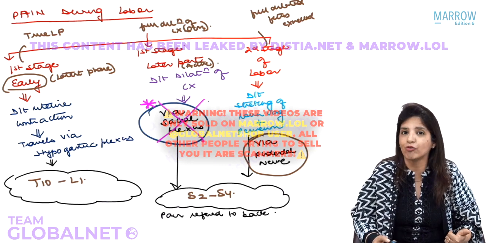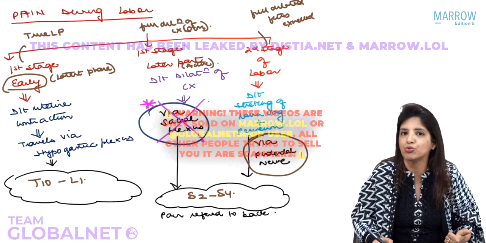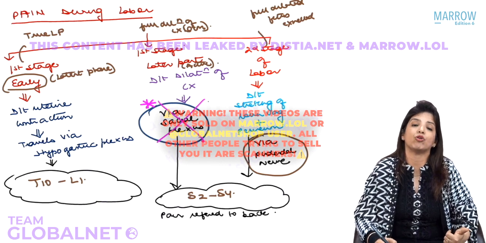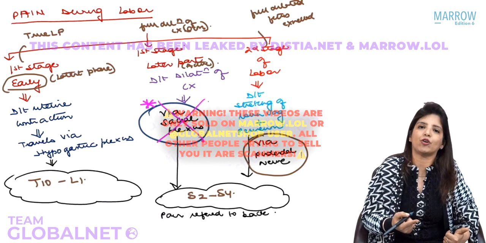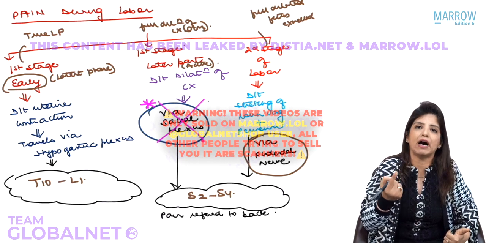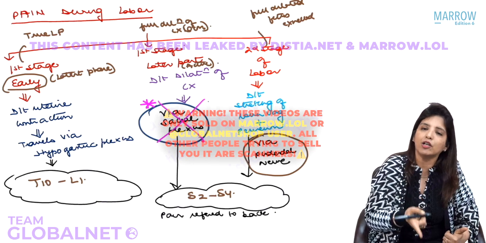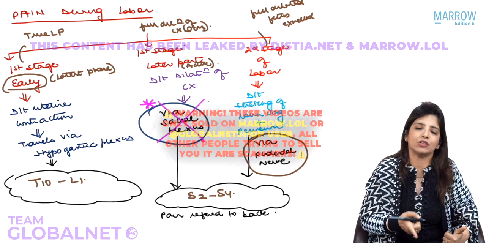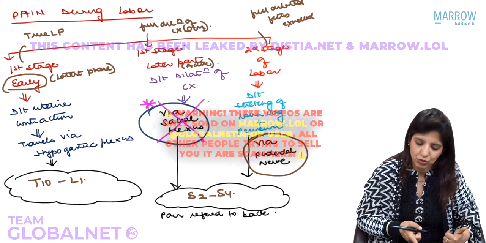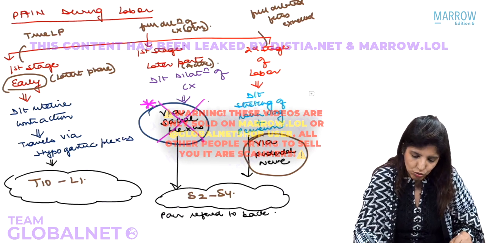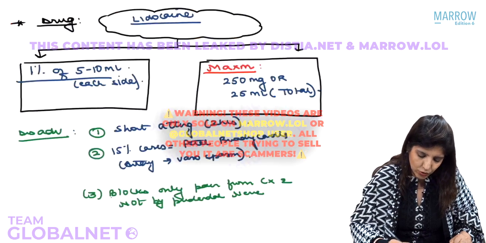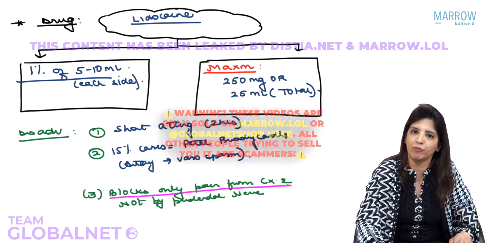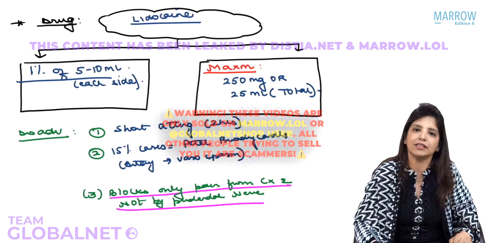In the second stage of labor, pain is not happening due to dilatation of the cervix. It is happening because of the stretching of the perineum. And the stretch fibers from the perineum are being carried by the pudendal nerve. They have nothing to do with this pelvic plexus or the sacral plexus, right? So it is going to block only pain from the cervix and not by the pudendal nerve.